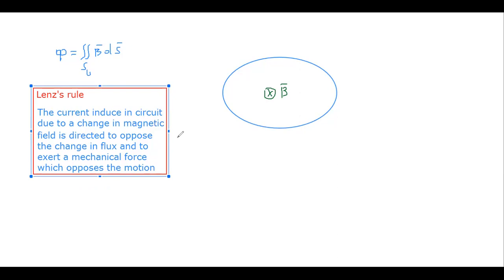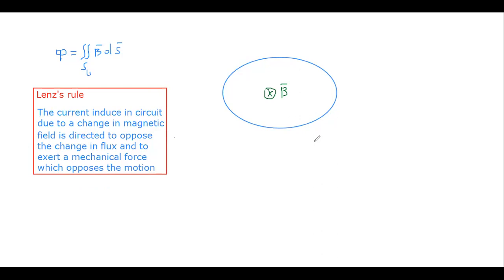And let's try to define the direction of induced electric current. The change in magnetic flux is caused by decreasing of magnetic field.